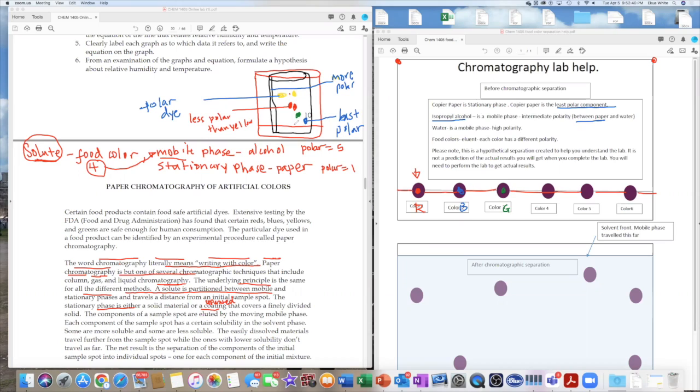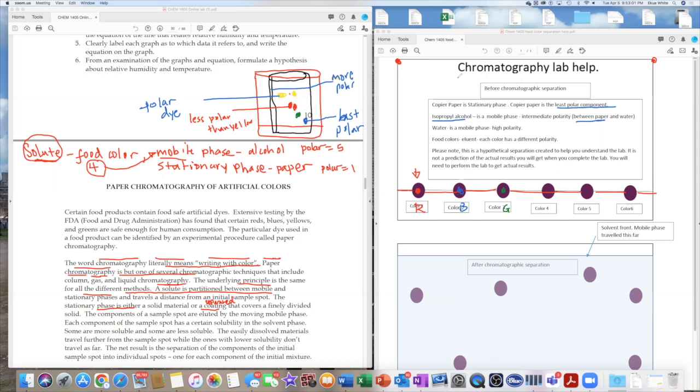But when it traces back to the starting point where you marked, you know that this came from the orange. So this tells you that these came from the orange, and the orange is made up of two colors, and these colors are red and yellow, okay?